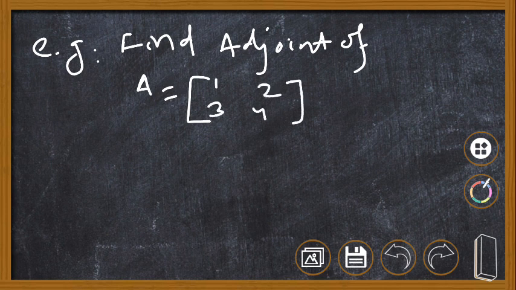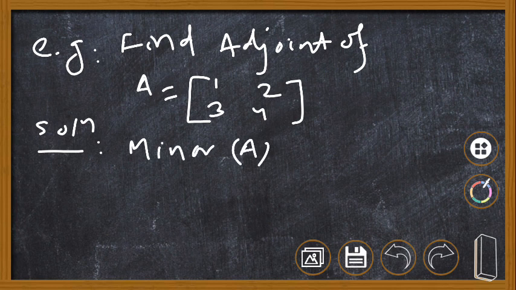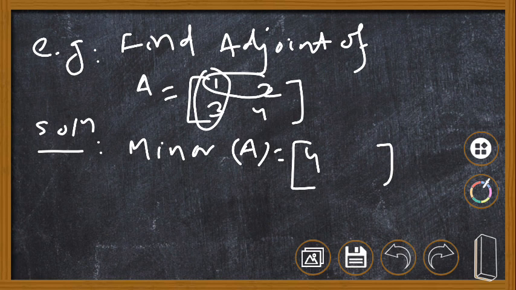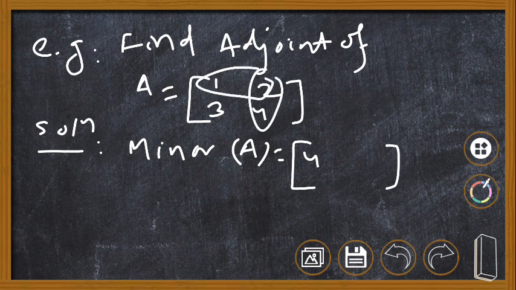The first step is to find the minors. The first minor is obtained by removing 1, so you remove this row and this column, and what is left is 4. Similarly, for 2, you remove this row and this column, and you are left with 3. Similarly, for 3 you get 2 and for 4 you get 1.